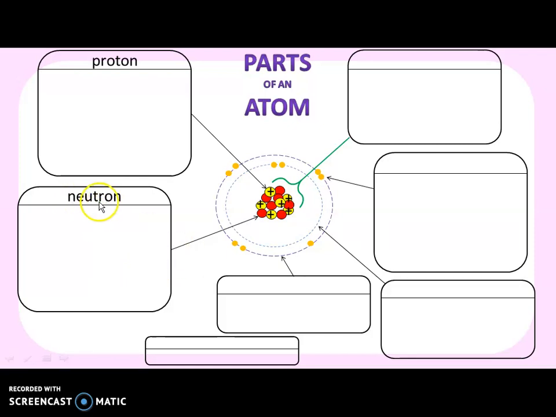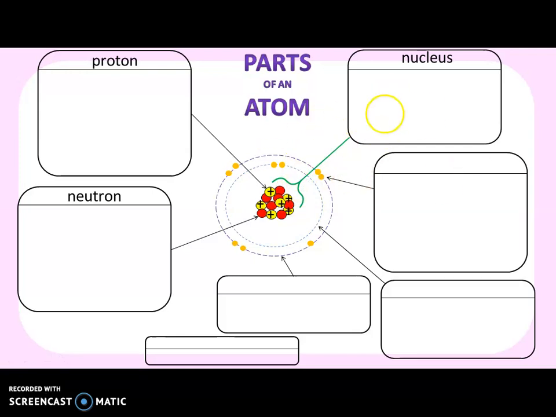Neutrons are neutral, so they have no sign. This is the center of the atom. It has a name, and that is the nucleus. So you see here with my green line, it indicates that all of this center of the atom is the nucleus.